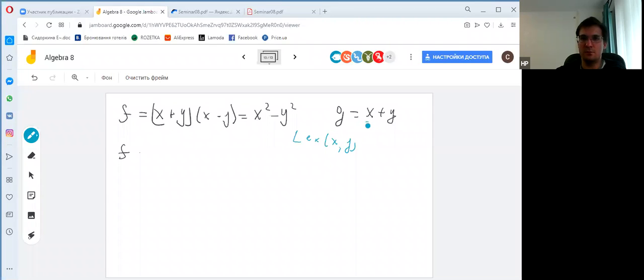Then the leading term of g is x, and I reduce f by g. It should be x squared minus y squared minus x, because x squared is equal to x multiplied by x multiplied by g. And this is minus y squared minus xy.